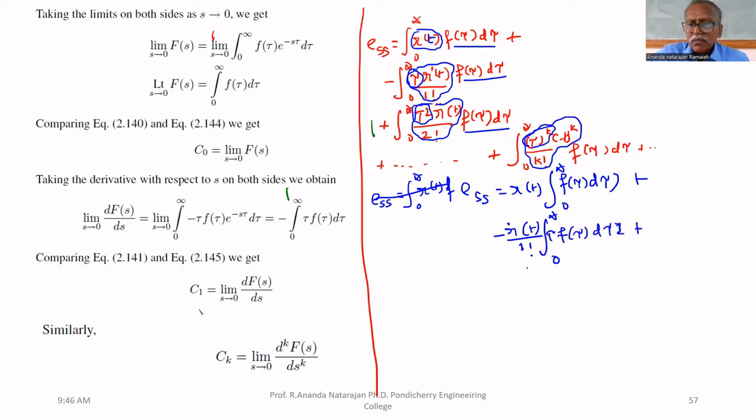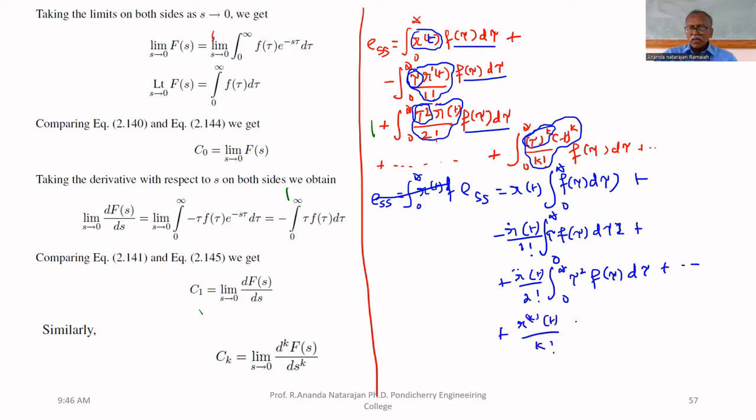This is the second term. Third term is r double dot of t divided by 2 factorial integral of 0 to infinity tau square f of tau d tau, plus etc. plus kth derivative of r divided by k factorial integral of 0 to infinity tau to the power k, with minus 1 to the power k. We do not know the sign.